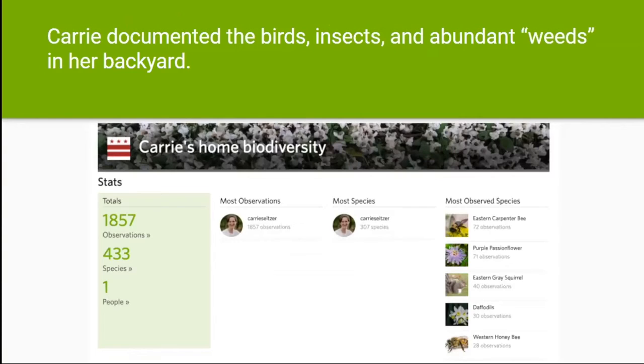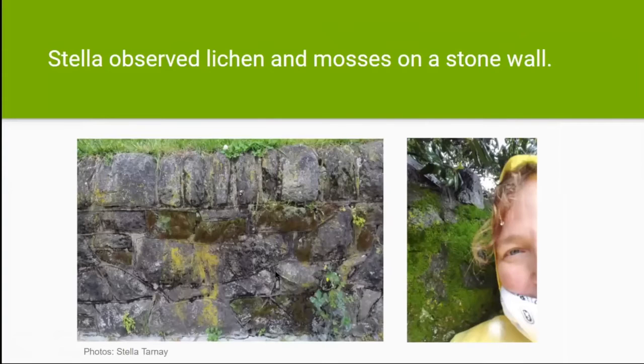So I mentioned that projects are something that iNaturalist allows you to set up. Carrie, one of our other lead regional organizers, documented all of the birds and insects and the weeds in her backyard, and she has found 433 species in her DC backyard. Stella also lives in DC and has this old stone wall in an alley behind her home.